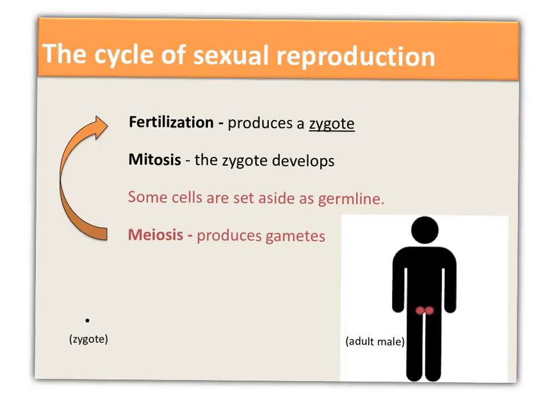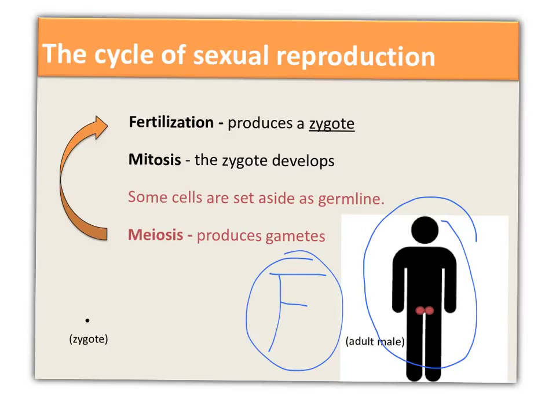Here we have a male and a female, and they each produce gametes through meiosis, and we end up with a fertilization with a zygote, 2N.